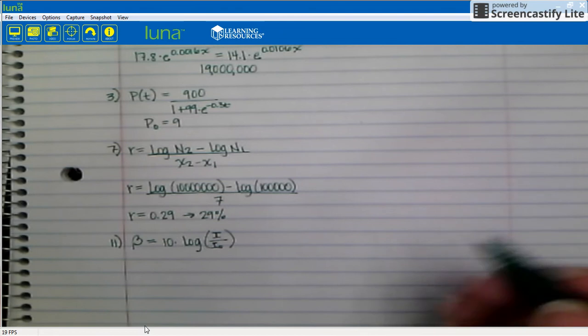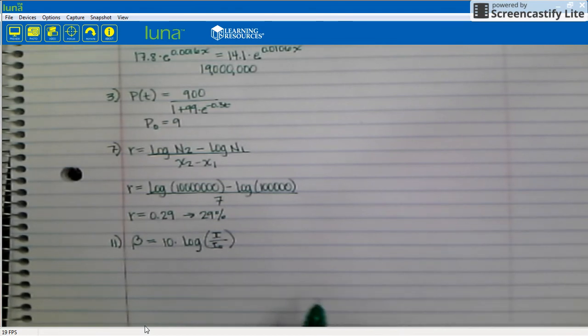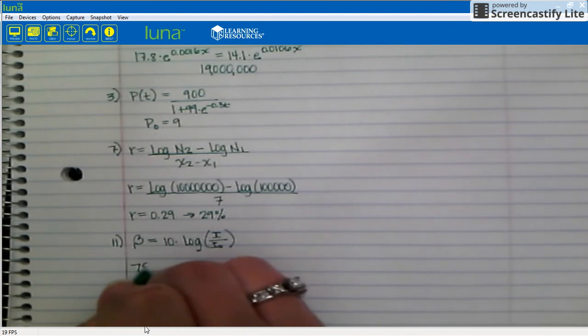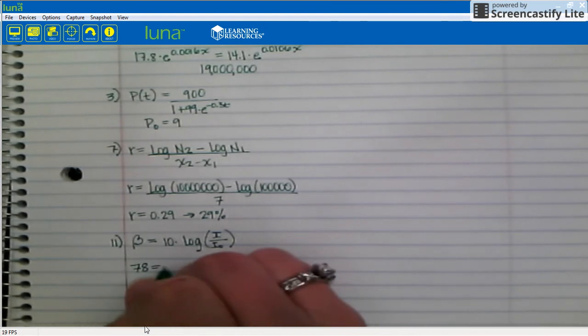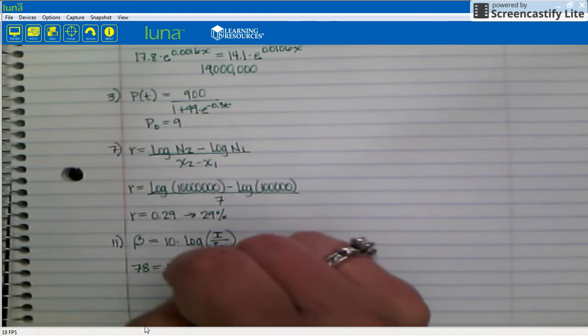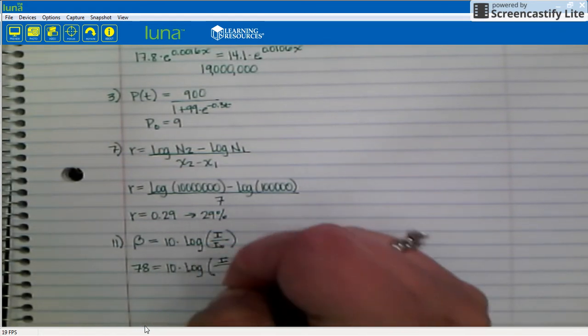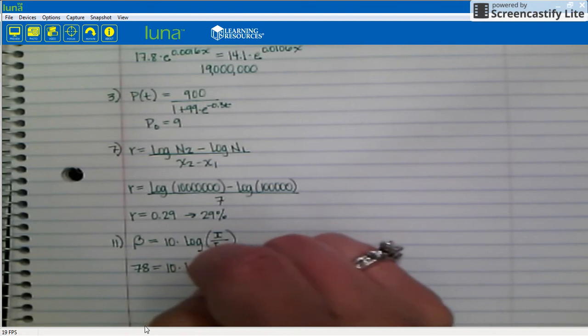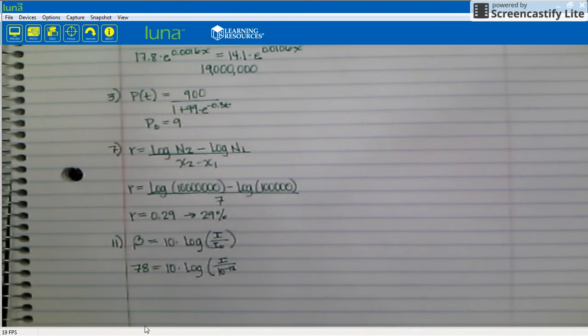Round to the nearest tenth. So what we're actually solving for is I, because they tell us the number of decibels. We have 78 is equal to 10 times the log of I over 10 to the negative 12th power.